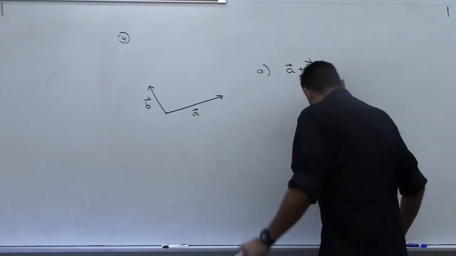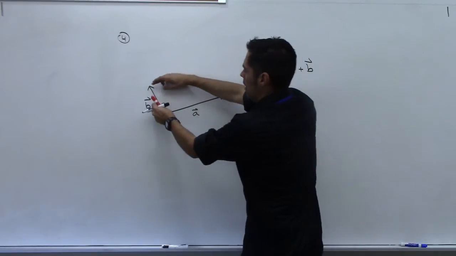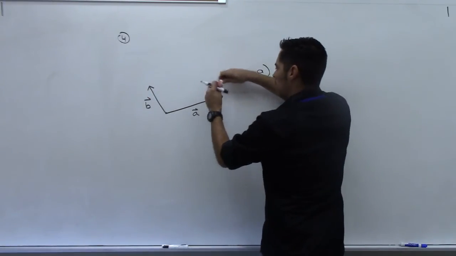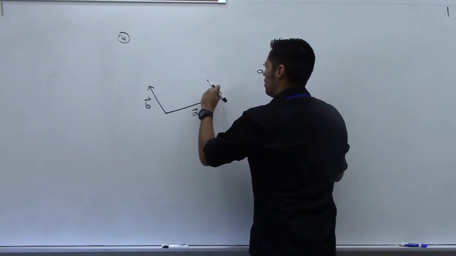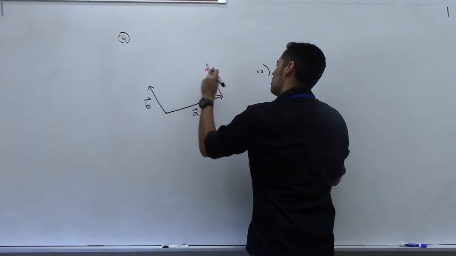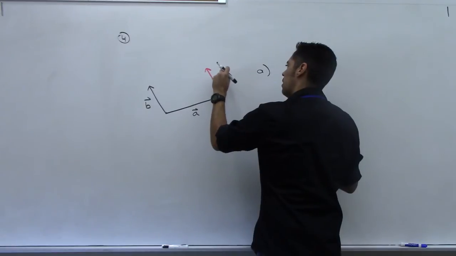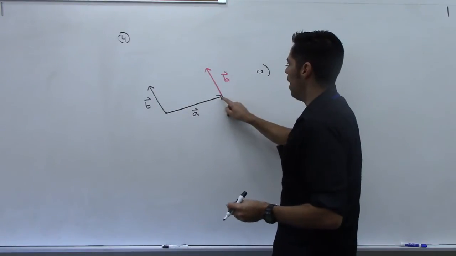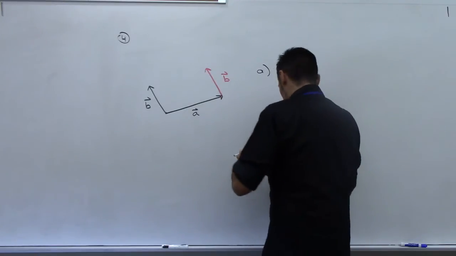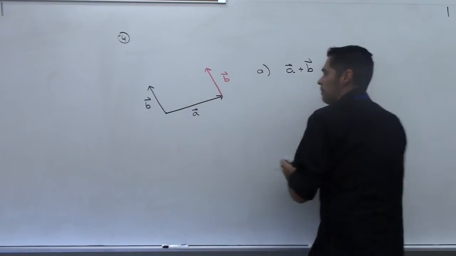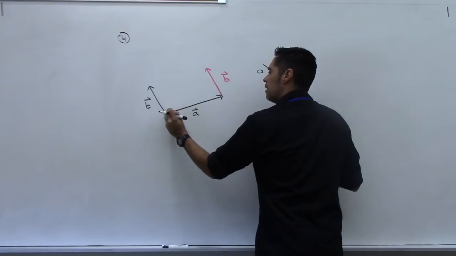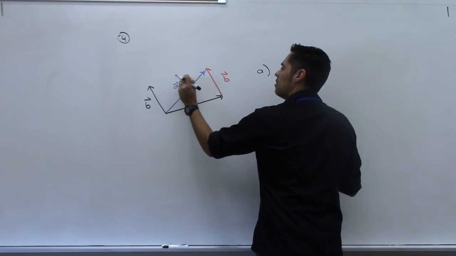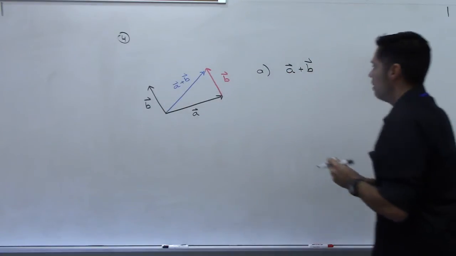So I want to take this vector, take its tail, slide it over here, and attach it to the tip of A. So there's B moved over. So you start here, you go A, you add B, you result there. So the resultant vector is this drawing right here. That is the vector A plus B. So that's part A.